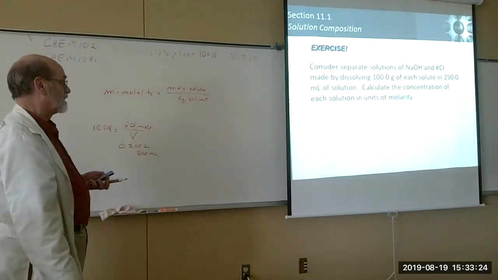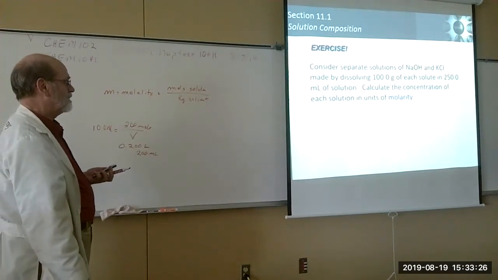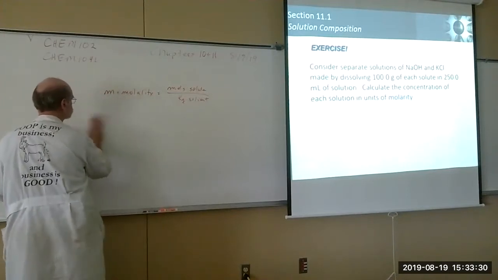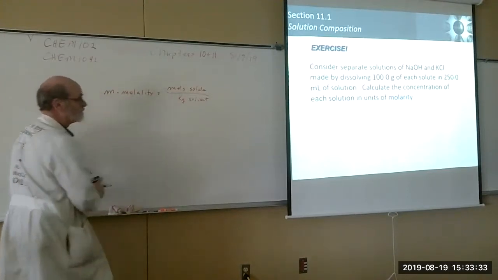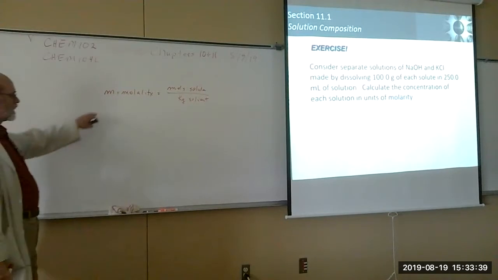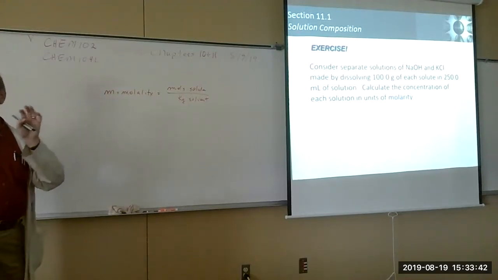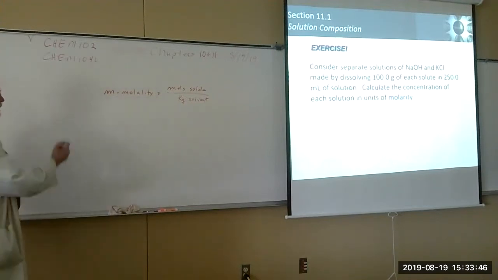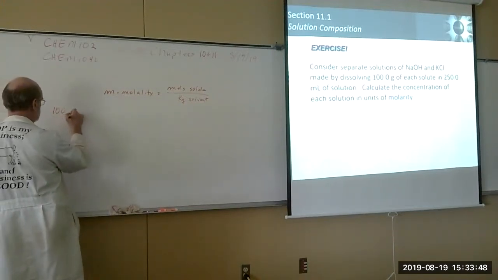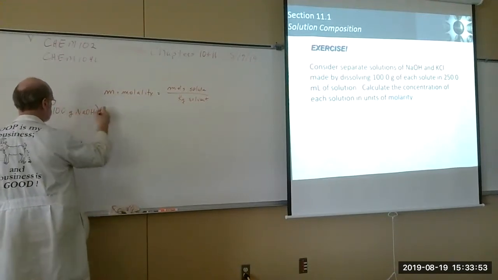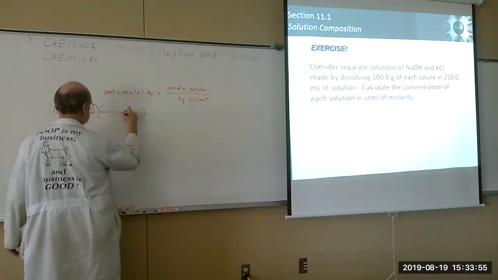Let's see. In this case, you're given mass and a final volume. So what do we need to do to use this equation? We've got to convert that mass to moles, right? So 100 grams of sodium hydroxide converted to moles, what do we need? Got to get rid of grams, leave us with moles.